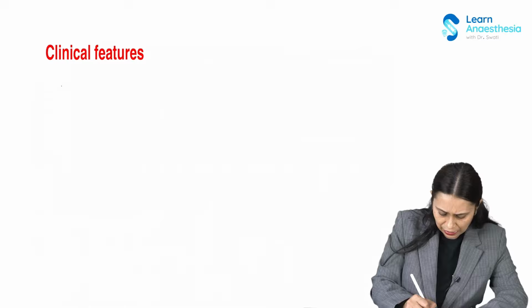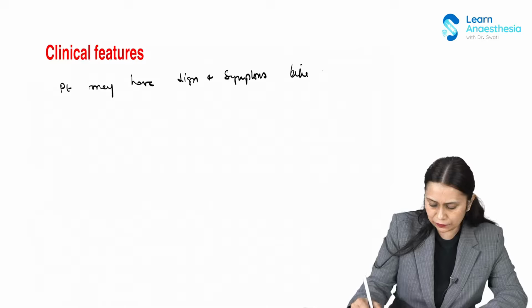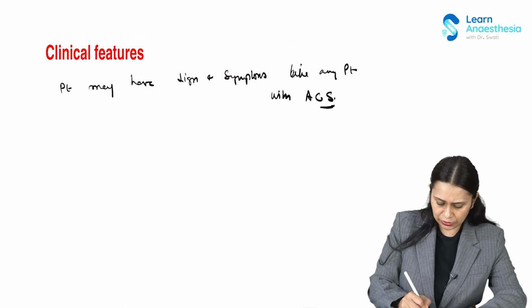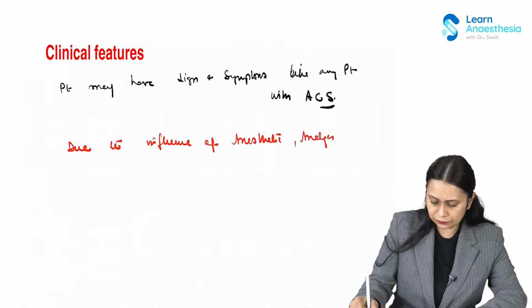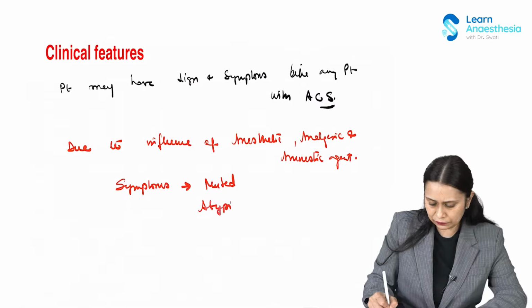So patient may have signs and symptoms like any patient with acute coronary syndrome, but due to influence of anesthetic, analgesic and amnestic agent, just midazolam also, the symptoms may be muted, atypical or absent, or maybe typically absent in the patient.